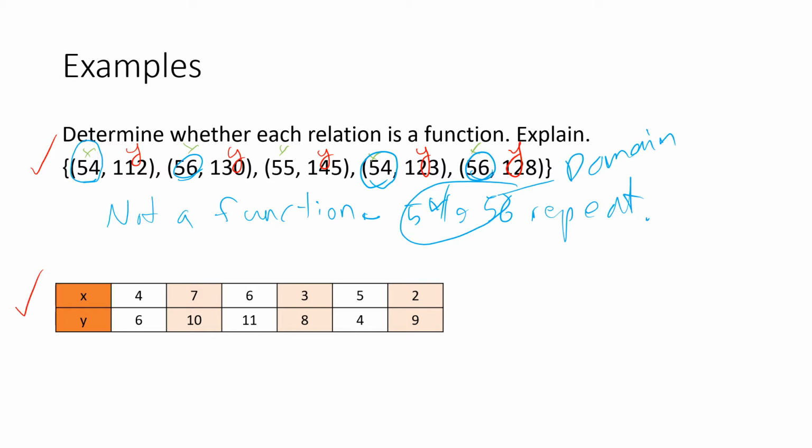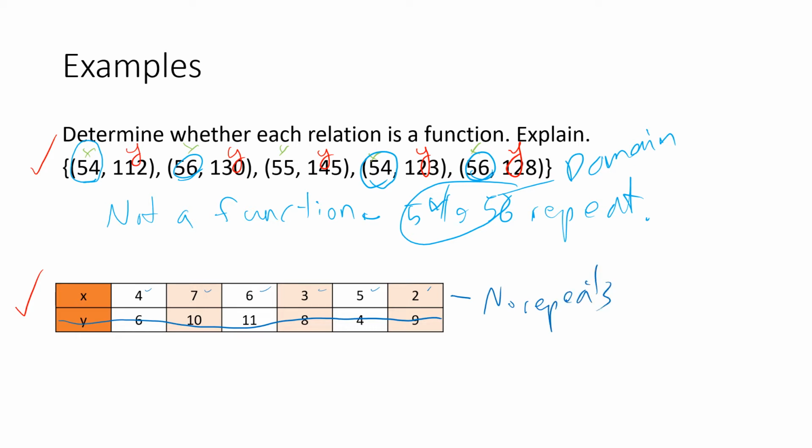Let's check down here. In this case, our numbers are given to us a little bit differently, but we're going to use the same principle to determine this. We're not going to worry about the y to determine if it's a function. We're just worried about our x. 4, 7, 6, 3, 5, 2. No repeats.